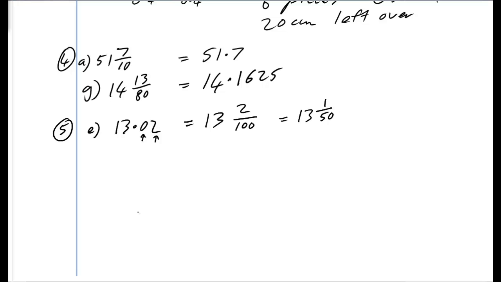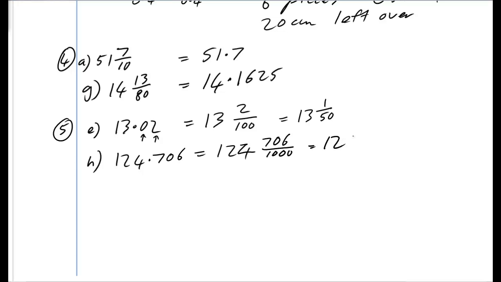Okay, let's have a look at another one. Look at H, 124.706 as a mixed fraction. It's going to be 124, and you get your calculator, it's 700, no, yes, you don't need to get your calculator. It's going to be 124 and 706, hang on, muck that up, 706 over 1,000.